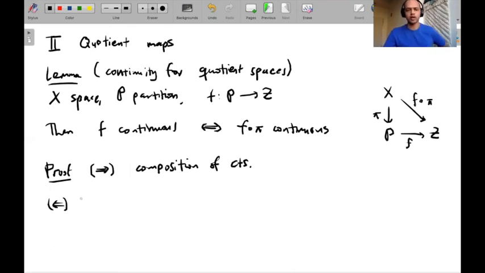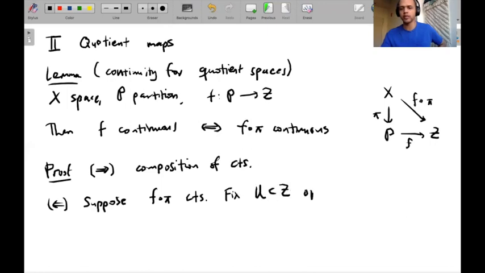So suppose F composed with pi is continuous, and we want to show that F is continuous. To do that, fix an open set U in Z, and we want to show the preimage is open.